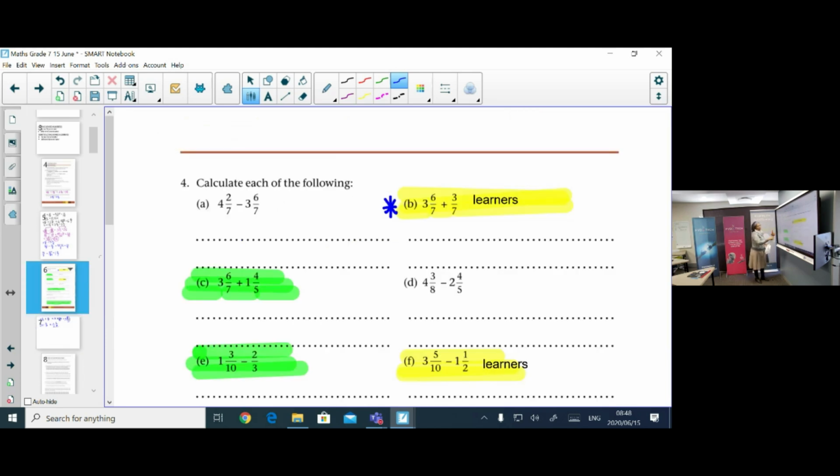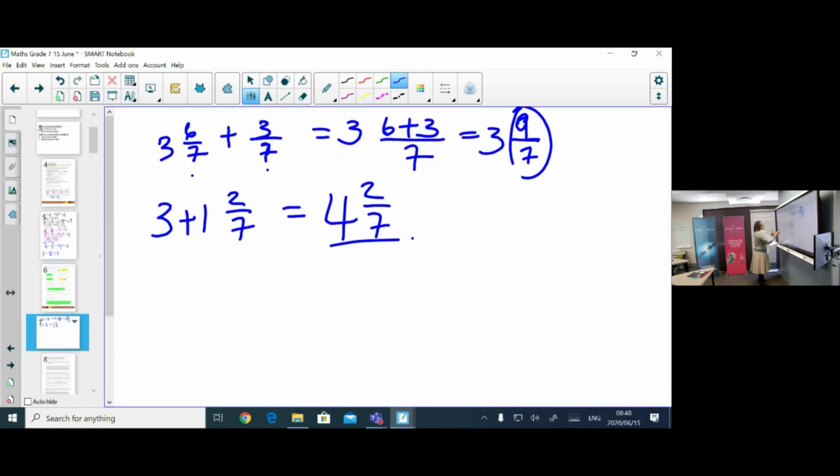Now together, I want us to come and do the next one. That one was simple because of the same denominator. Now we check the one with the different denominator, which is our number C. Okay, similar to that. So our number C is 3 and 6 out of 7 plus 1 and 4 out of 5.